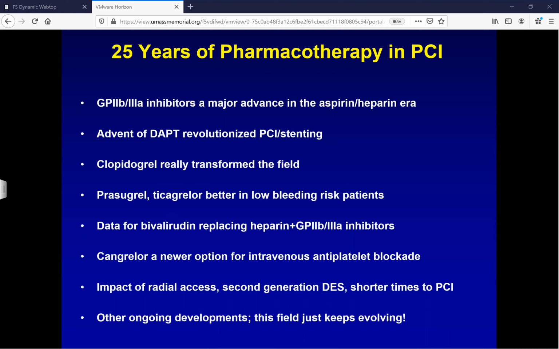So I personally am scared of GP2B3A inhibitors. The first category, where you do the cath and then do the desensitization, the issue for me is that you are putting the patient on a drip, which is an extremely potent platelet inhibitor, and they may bleed on it. And then you are desensitizing afterwards. However, the allergists have a different take on this.